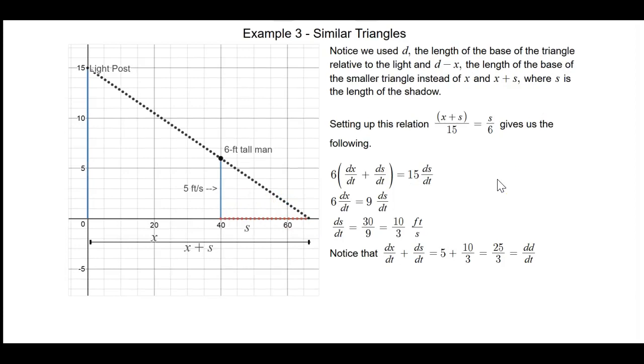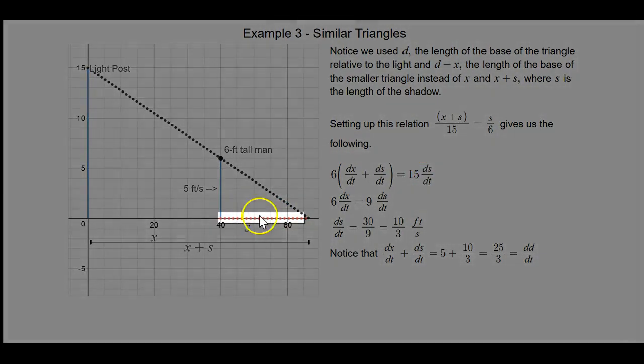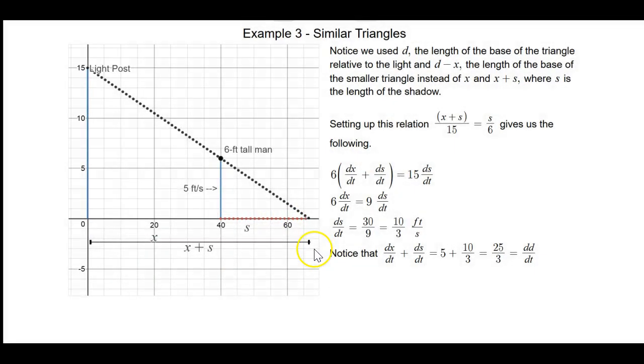If instead we'd set it up another way, if s is the length of my shadow, x plus s over 15 equals s over 6, then that's going to give me ds/dt, meaning the rate at which the shadow is lengthening. That's not the same thing as what they're asking for, which is the rate at which the tip of the shadow is moving from the light.